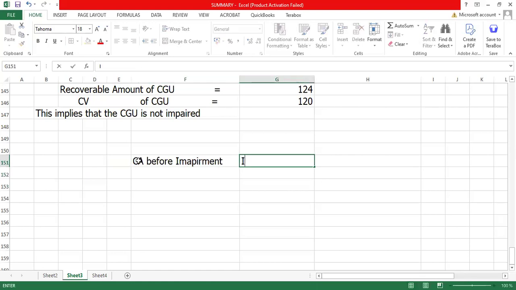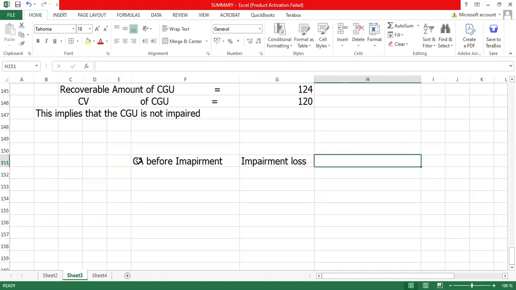Then here put impairment loss. Then here put, like the way we did, the carrying amount after impairment. You can also write as a statement of financial position form, or you can use the table.